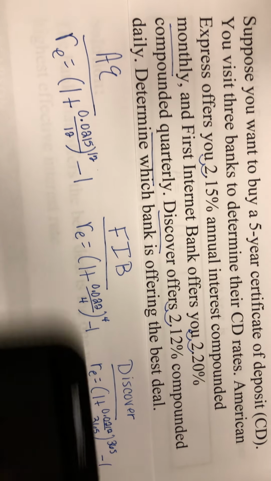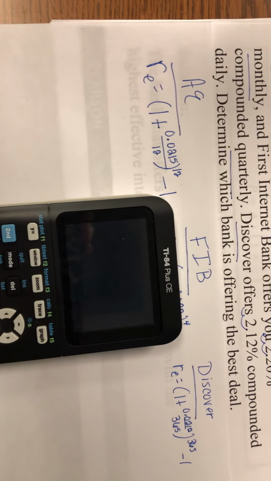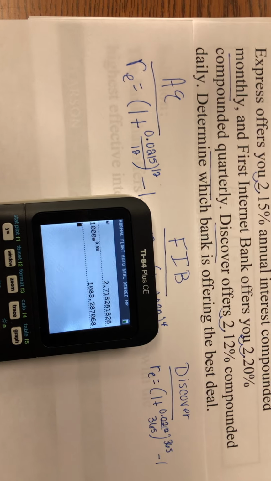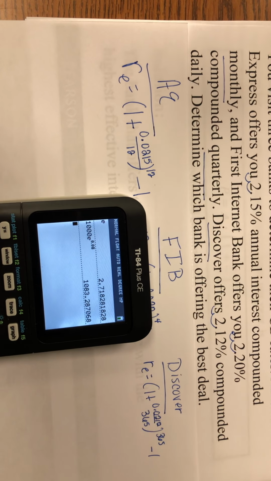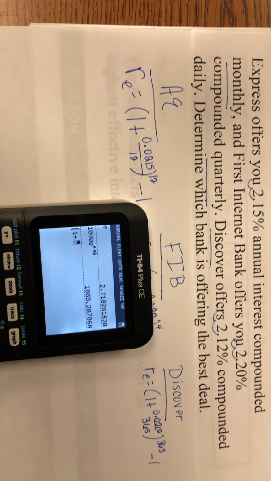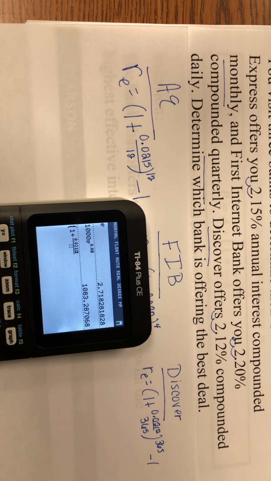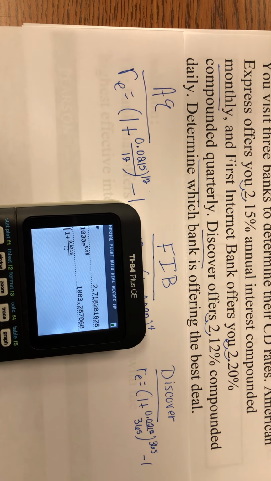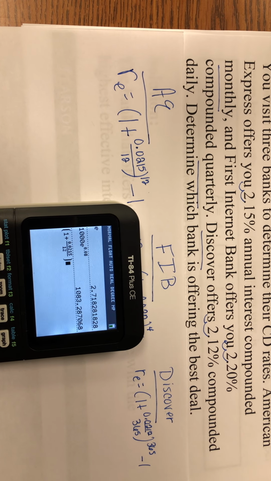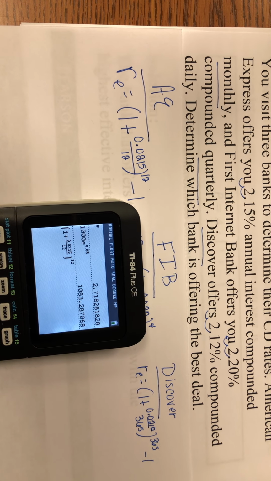So let's plug all this information into our calculator. Okay, now for American Express, we're going to have 1 plus 0.0215 over 12, and we are going to raise that to the 12th power.